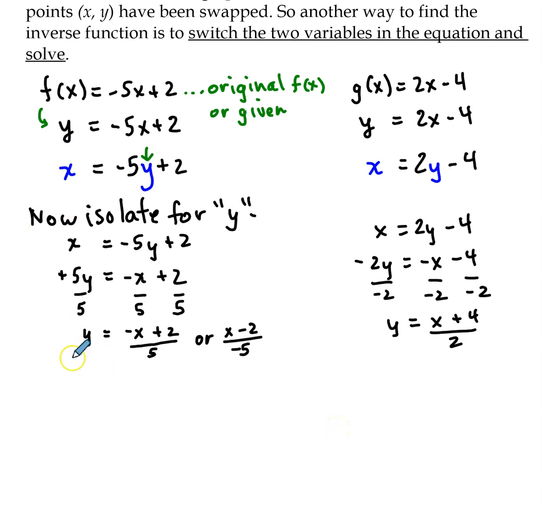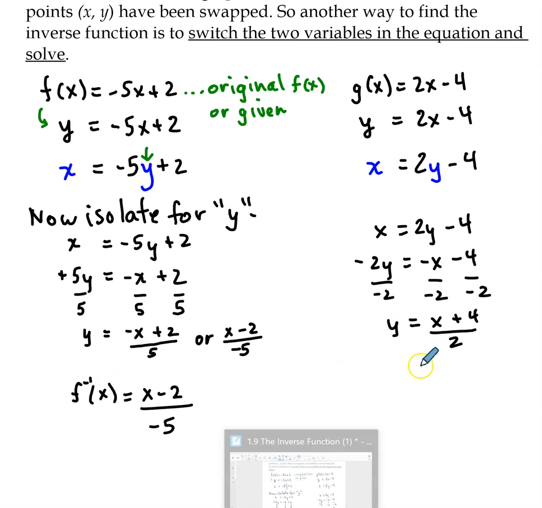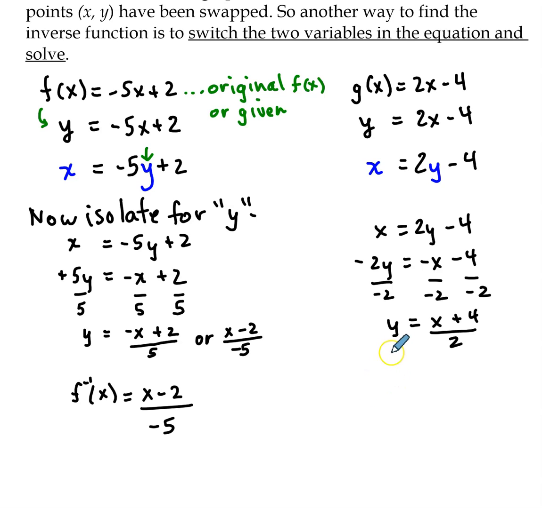So we successfully isolated for our y value, but we need to remember that this is the inverse of my original equation. So we're going to replace our y with f inverse at x. Same with the right side.